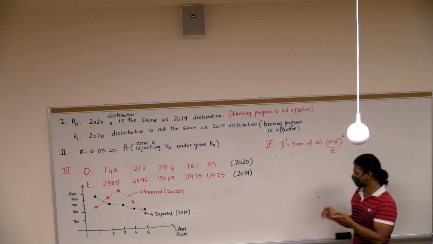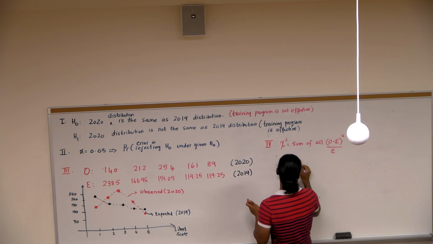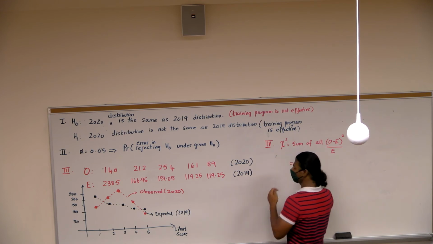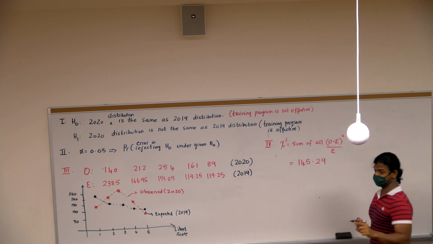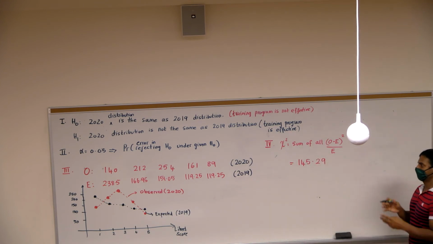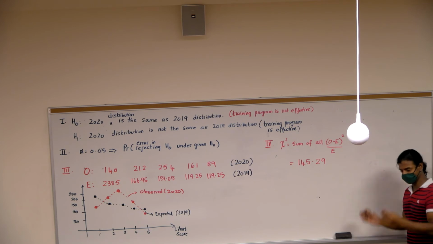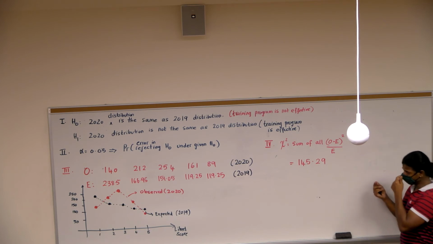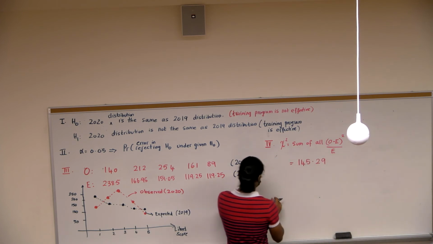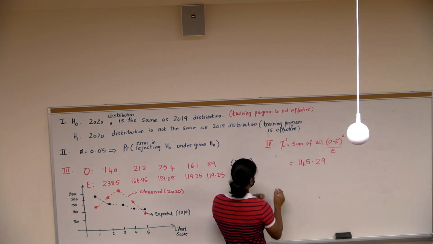Now here we got 145.229. That is a large chi-square value. The chances are we are going to reject the null, and we are going to see that the p-value is very low.